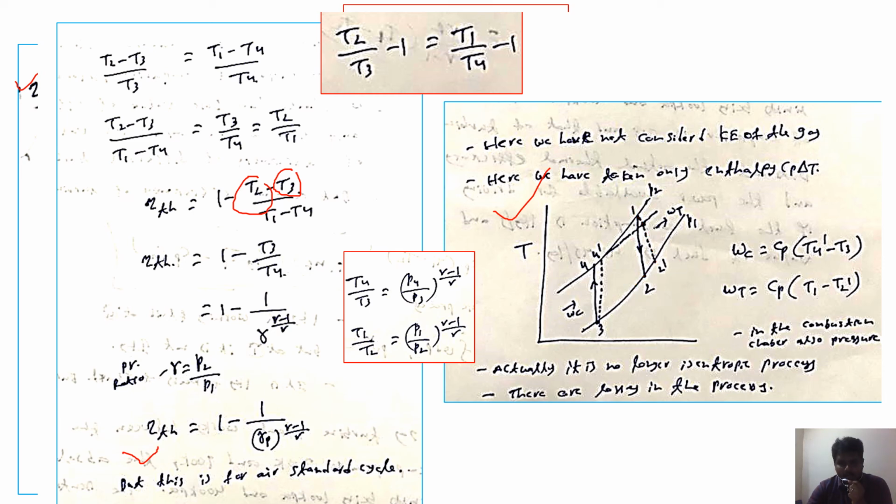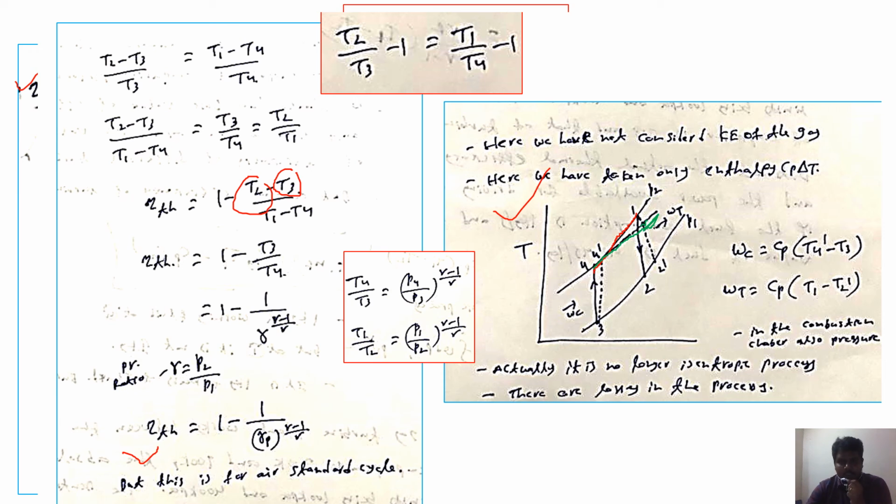And also process 4 to 1 is the heat addition process in the combustion chamber at constant pressure. There also losses will be there, so that line would be shifted downwards like this. So this is the new point.